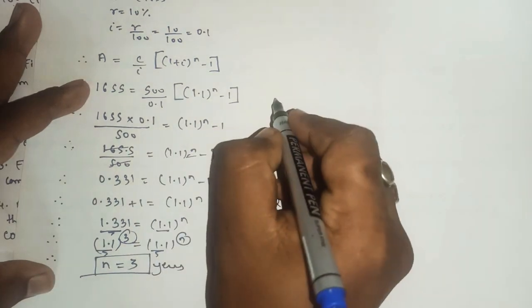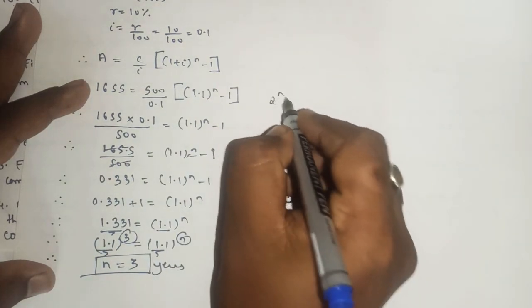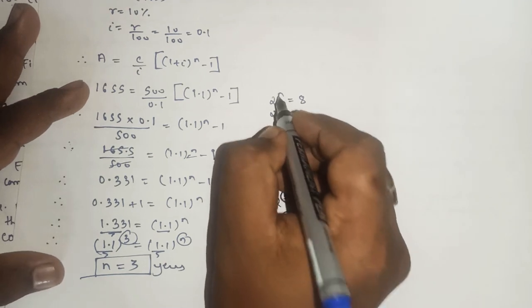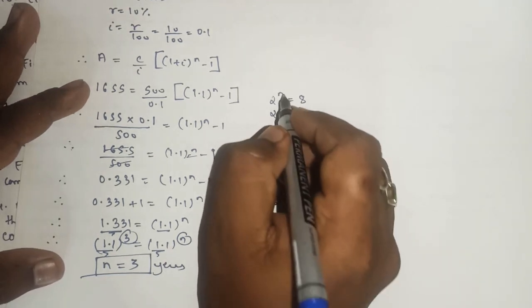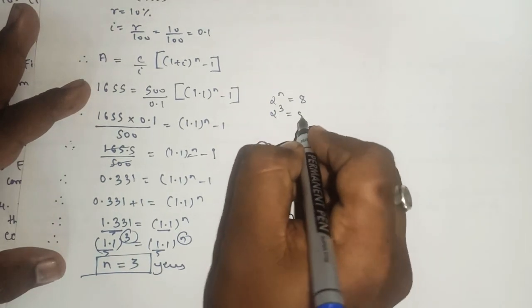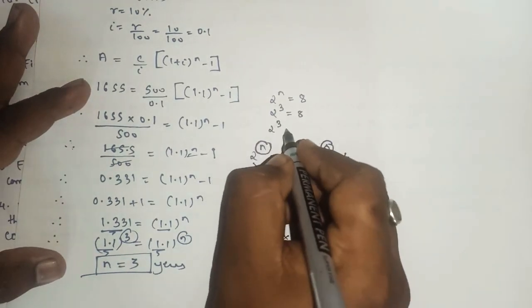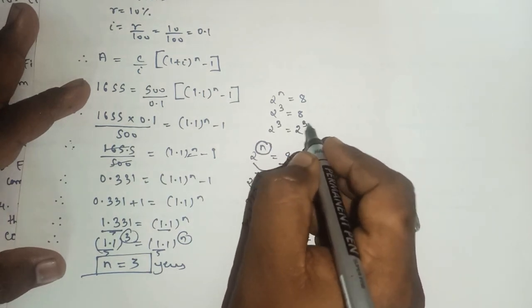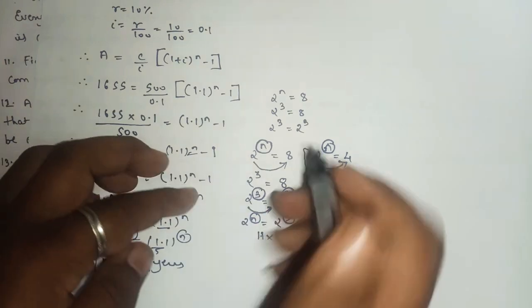Once again, if I say 2 raised to n is equals to 8, see to it that you take one value in such a way that it should be equal to 8. Of course 2 raised to 3 is equals to 8. So 8 can be written as 2 cube. Yes or no?